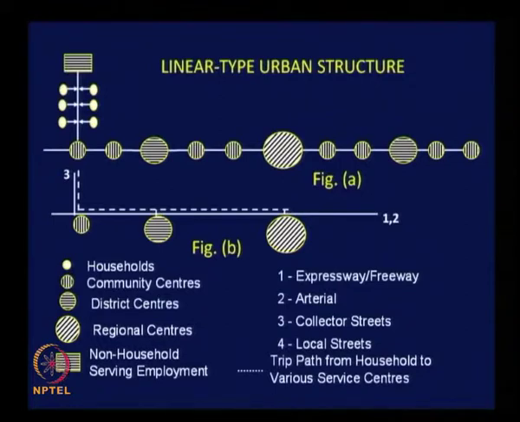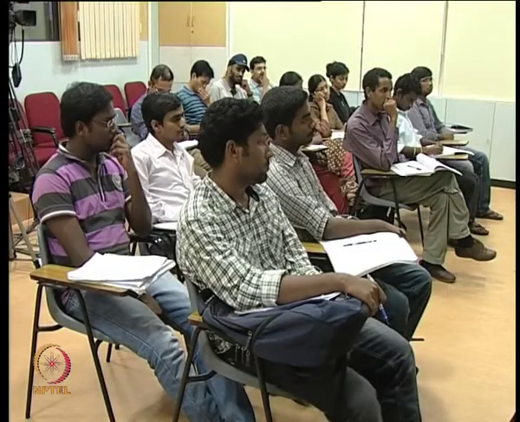That is advantage. Disadvantage is you will not be able to spread out and locate these centers of hierarchical levels in a very convenient place. You have to put them along the traffic corridor. It is possible. If you take Singapore, they have provided all these activity centers oriented towards the main MRTS, mass rapid transit system.